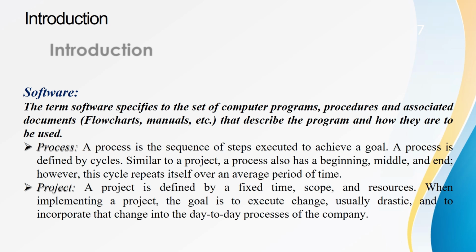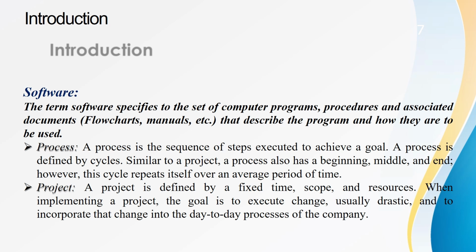Process means a sequence of activities to be executed to achieve a common goal. This process is defined by cycles like the software development life cycle, from scratch to delivering a quality software product. All the activities we go through are mentioned in this process.